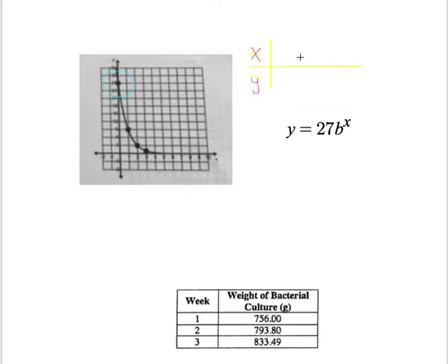We already had the point at 0, 27. The next point is at 1, 9. And the third point is at 2, 3.